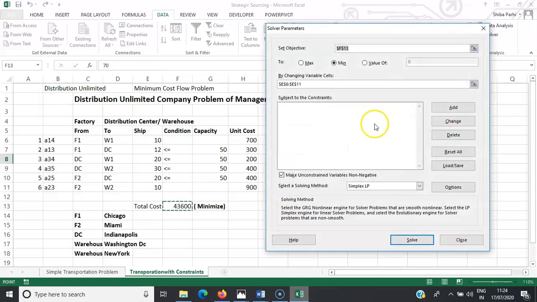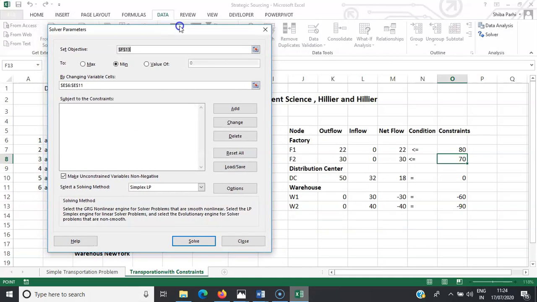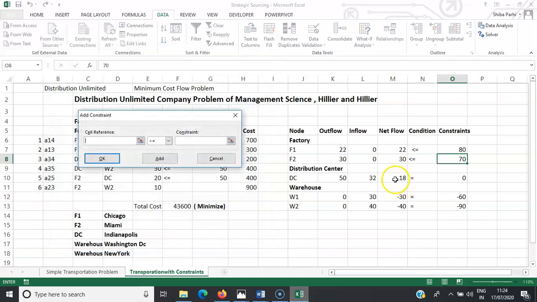So let us put all the constraints here. If I put the first constraint, whatever material I'm receiving and whatever material is going out, this should be equal to 0. So this should be equal to 0. Distribution center should be 0.